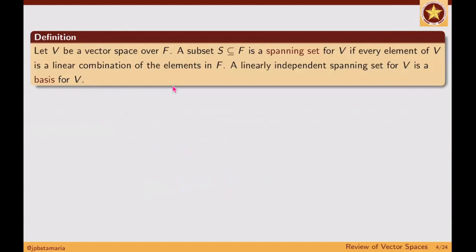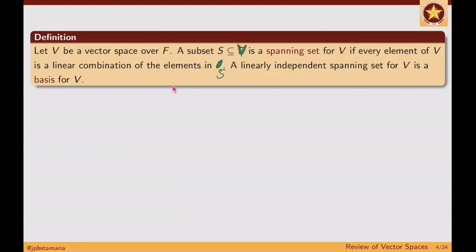Okay? So, balikan natin. So let's say you get a vector space V over F. Okay? We say that a subset S is a spanning set for V if every vector from V is just a linear combination of the elements in S. Typo error, sorry.